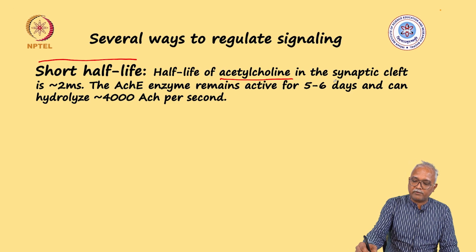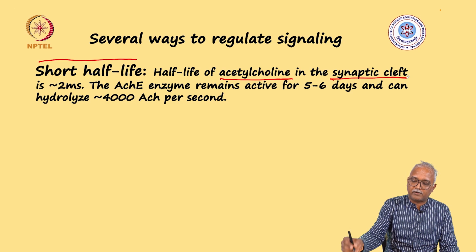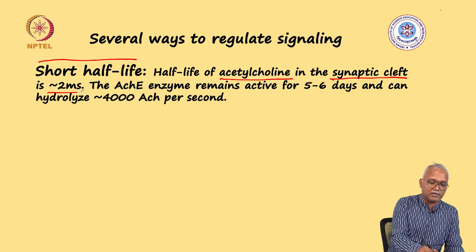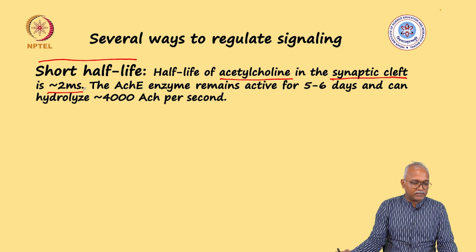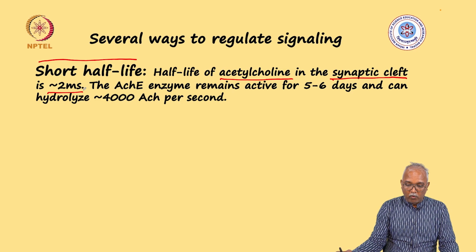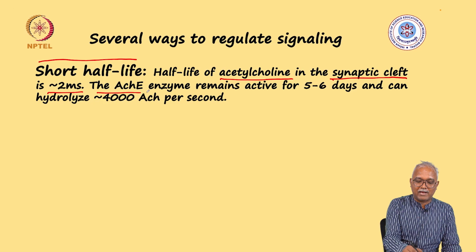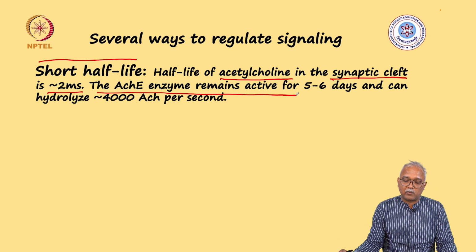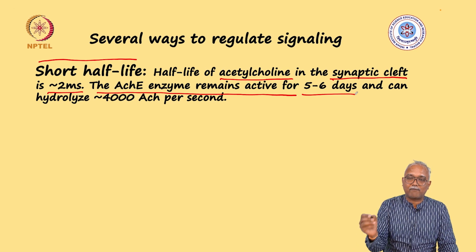So acetylcholine, which is released in the synaptic cleft, consider the skeletal muscles, has a half-life of 2 milliseconds. It's a very small time for this molecule to bind to its receptor and activate it. Moreover, the enzyme which is present there to degrade acetylcholine has a much stronger half-life.